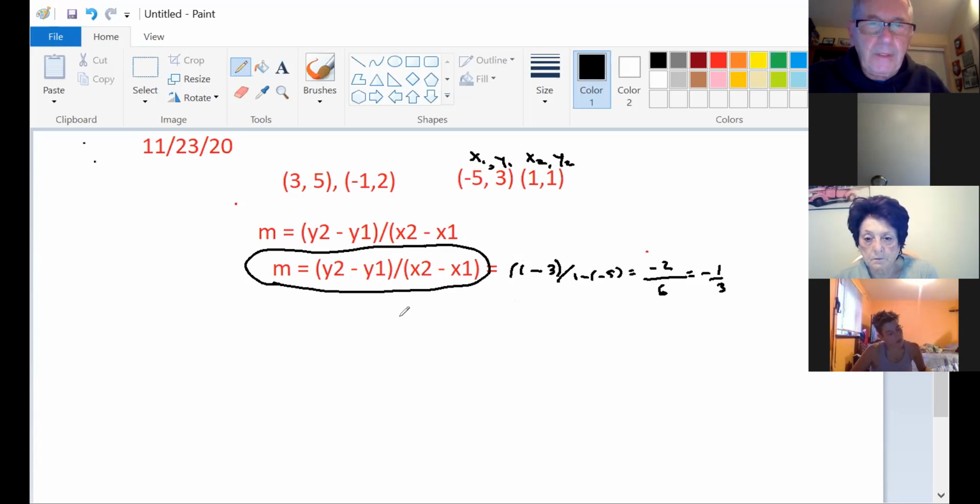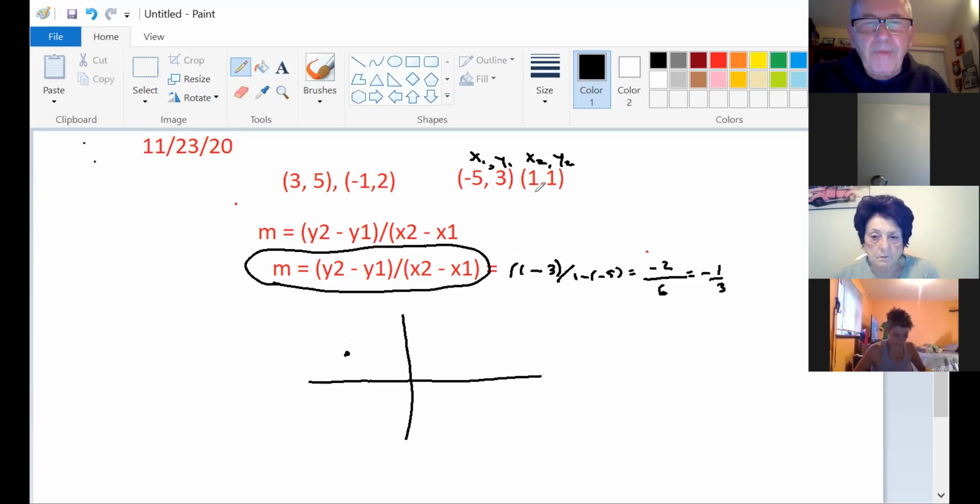I say it's simple, and it's not simple if you don't get it. I know it's not simple, but it's meant to be that easy. If I graph this, it would look like this, a -5 over here and a +3. So that first point would be here. The second point would be 1 and 1 right here. I do a straight line through this.